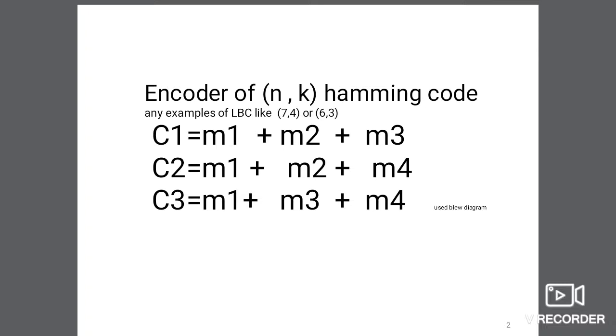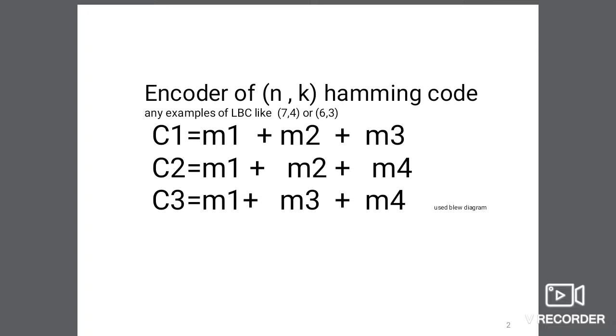We use examples of linear binary block codes like (7,4) and (6,3). These are two block codes we use. Here n is 7, k is 4 and q is 3; and again in the example (6,3), n is 6, k is 3 and q is again 3.